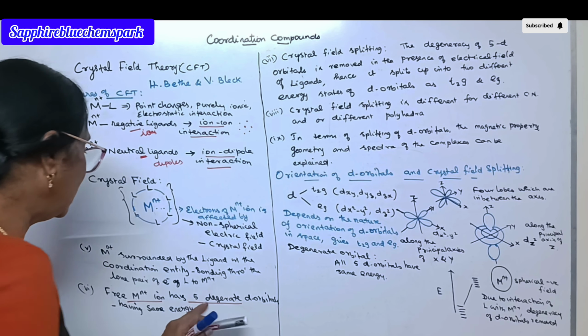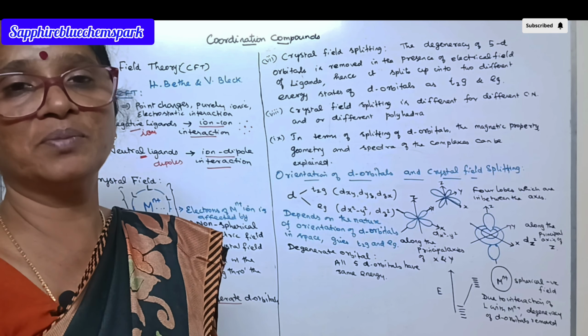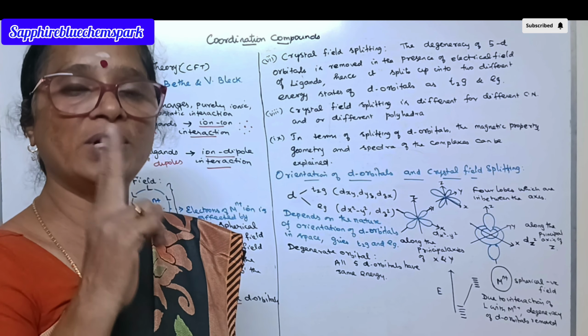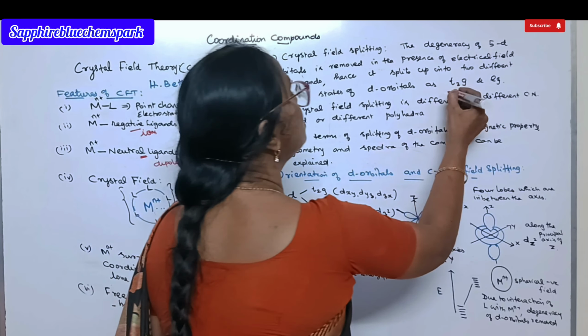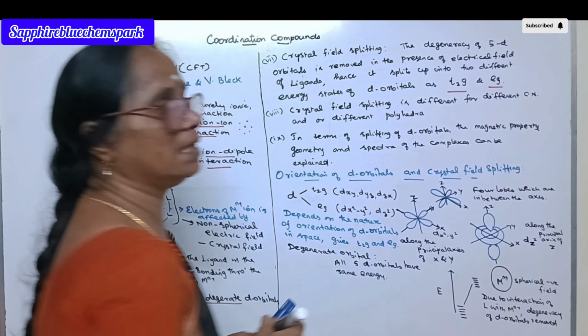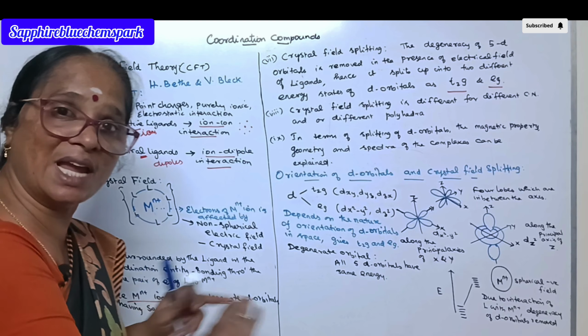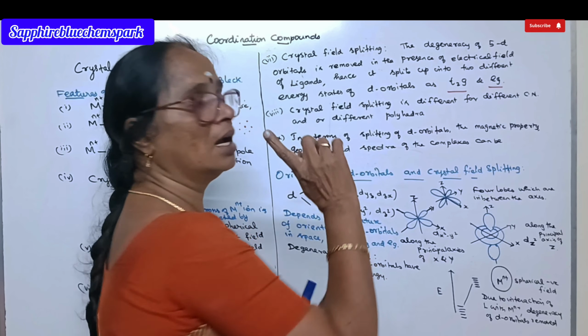The degeneracy of the 5 d orbitals is removed, and the d orbitals split into 2 different states. Those are said to be the t2g orbitals and the eg orbitals. Degeneracy means they have the same energy, but under the influence of the ligand, what happened?